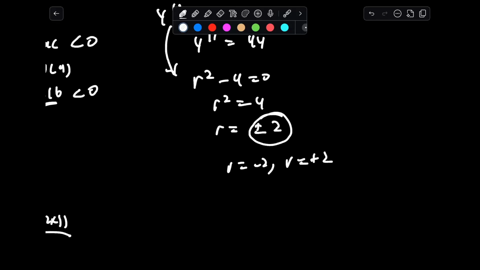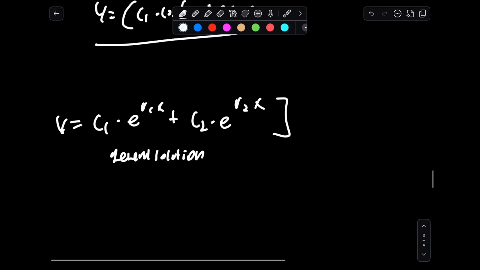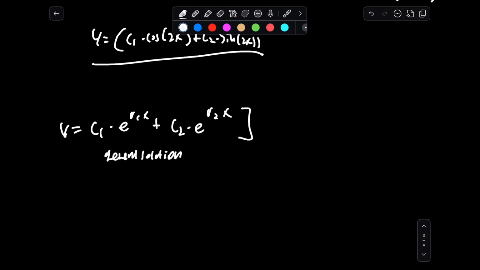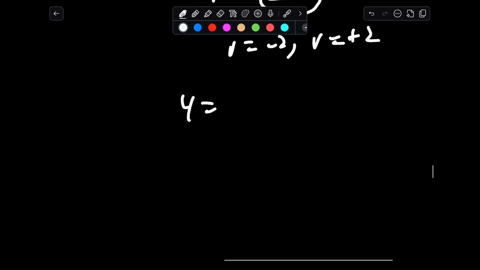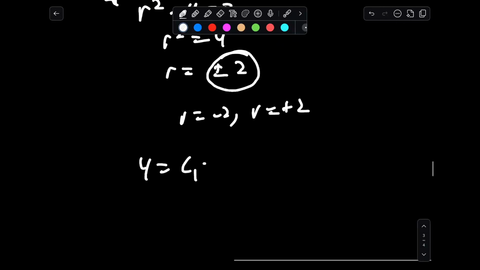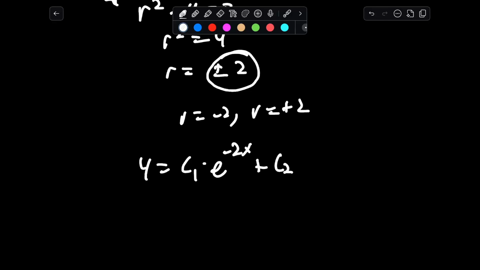This aligns with our other case, which is y equals c1 times e to the power of r1x plus a second constant with the same thing but for the second r. This would be our general solution, where y equals constant 1 times e to the power of negative 2x plus constant 2 times e to the power of 2x.